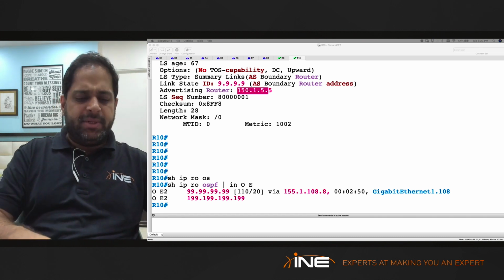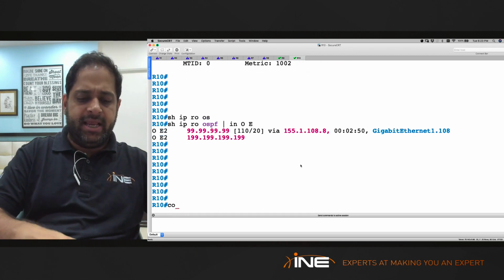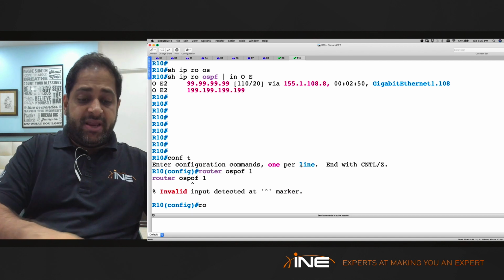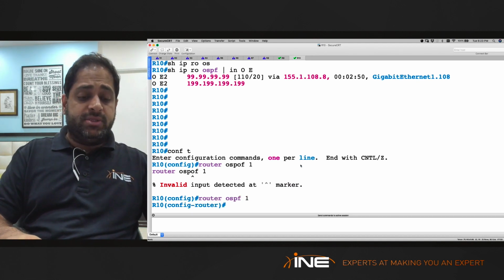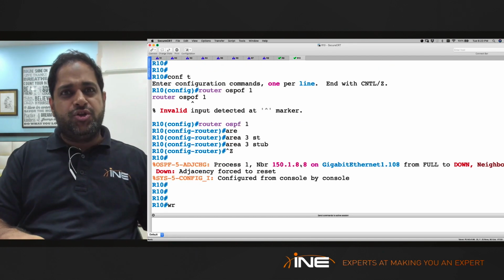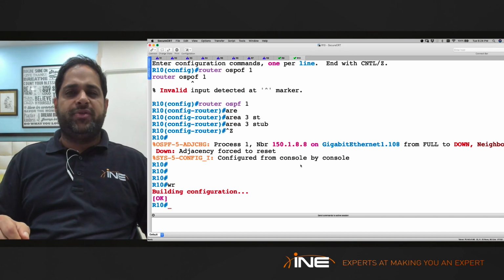Let's do that. So I will start with router 10, where I would go and say config t, router OSPF 1, and here I would say area 3 stub. Now the minute I do this, you would see that I lose my neighborship with router 8.